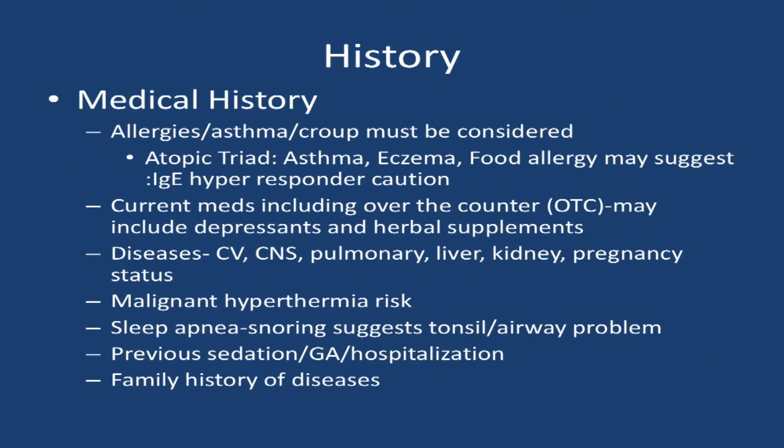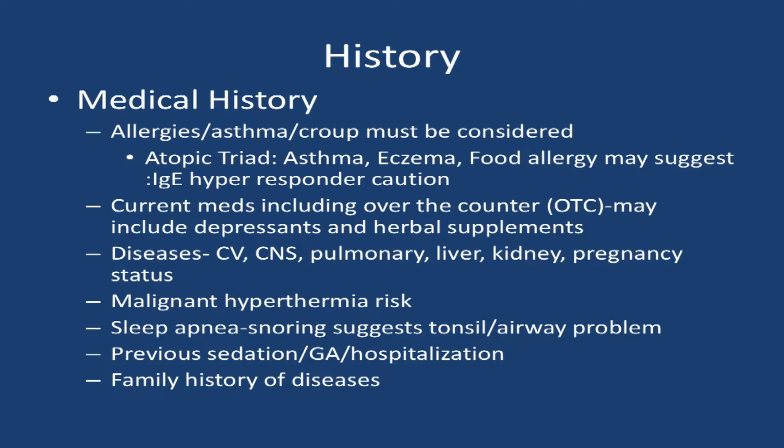Medical history. Allergies, asthma, croup must be considered. The atopic triad of asthma, eczema, and food allergy may suggest IgE hyperresponder caution. Current meds, including over-the-counter, may include depressants and herbal supplements.